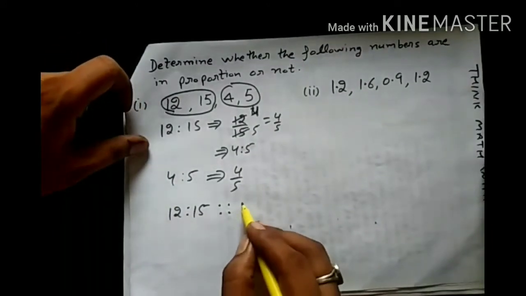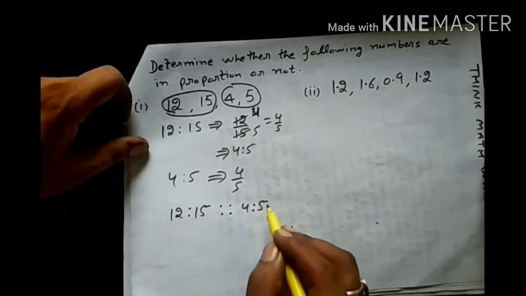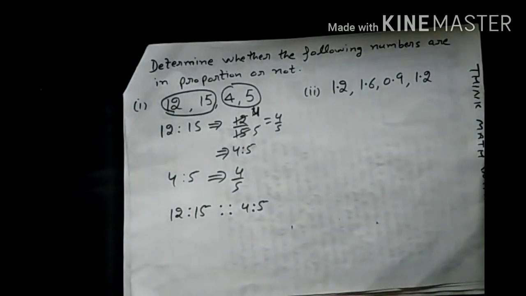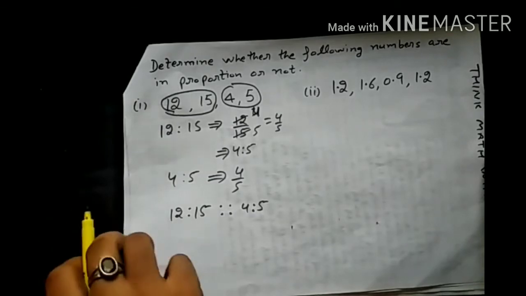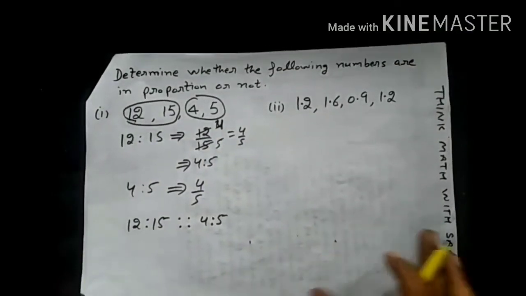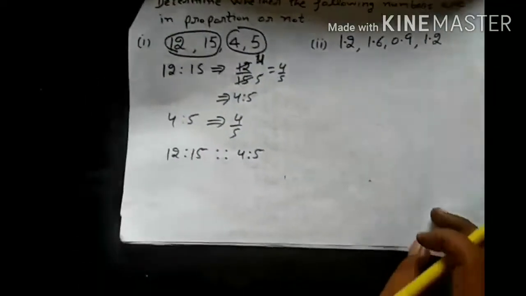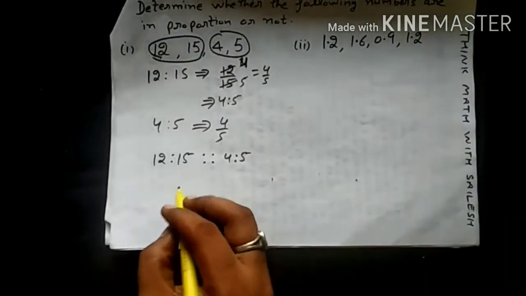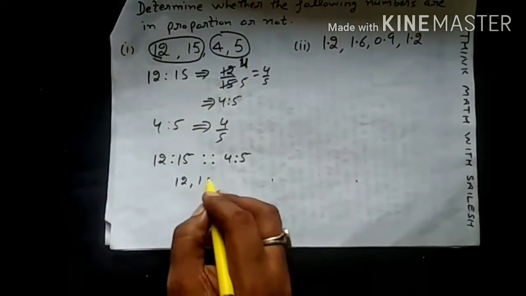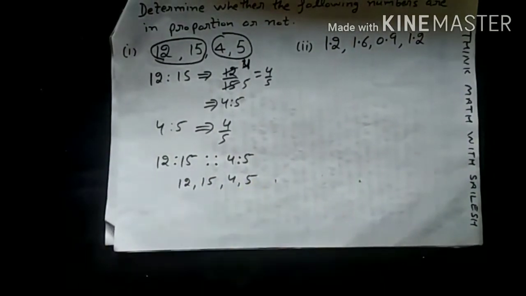So we can say that the ratio between the first two entries and the ratio of the last two entries is same. If this is same, then I will mark the central symbol. You can see that it is the ratio symbol, but it is marked twice. So this symbol is called the proportional symbol. So I can say that 12, 15, 4, 5 are in proportion.